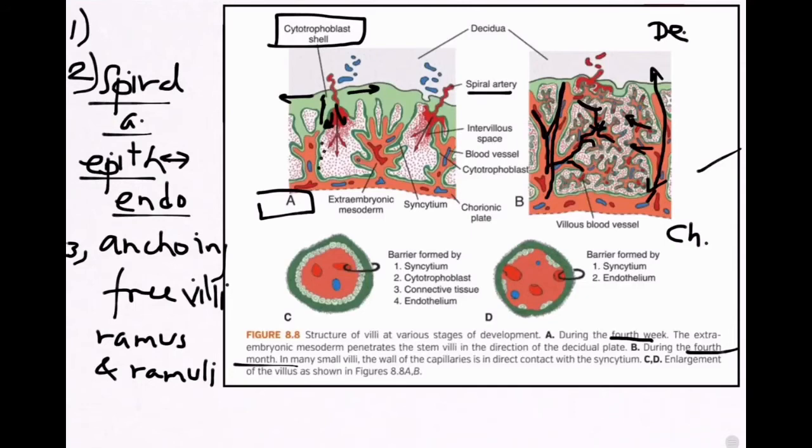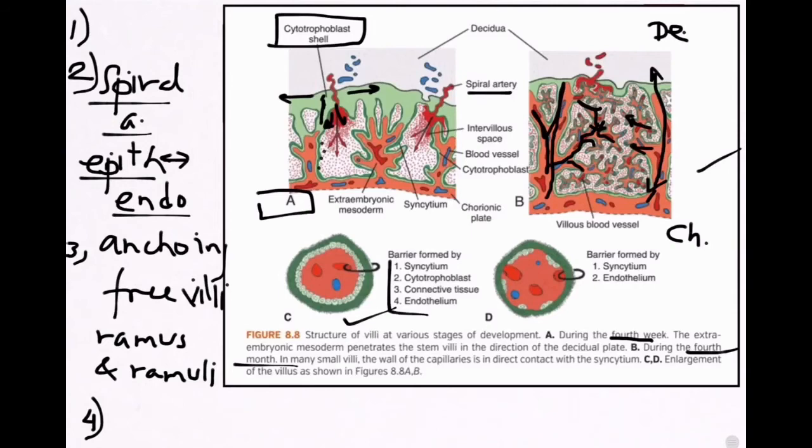Okay? Finally, what happens is the thinning out of the placental barrier. So you can see what the barrier looks like over here in the 4th week, and it constitutes of these 4 layers: syncytium, the cytotrophoblast, its basement membrane, the connective tissue, and the basement membrane of endothelium, and then the endothelium. But by the time you reach the 4th month, you reach the 2nd half of pregnancy, most of these disappear.